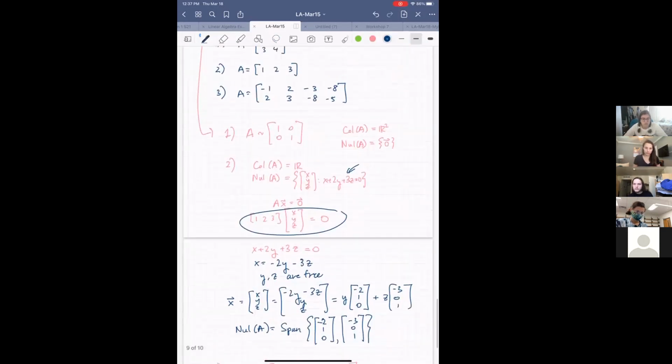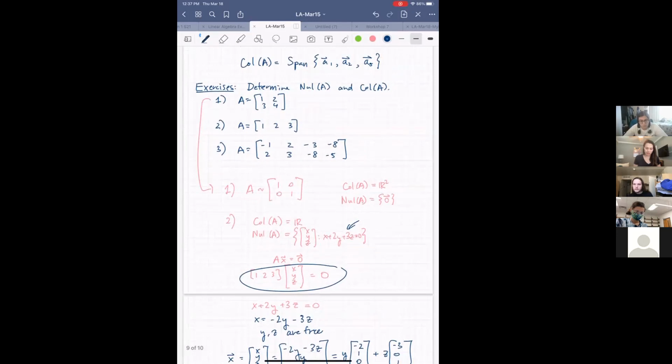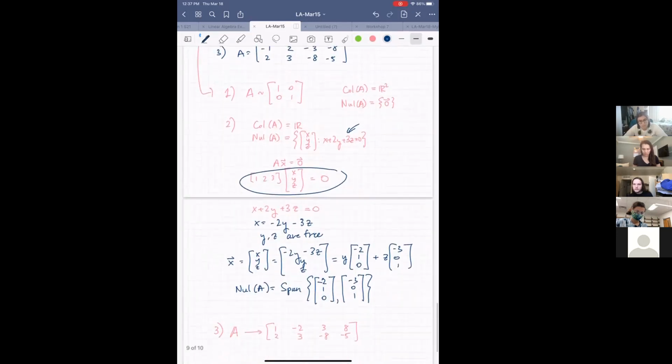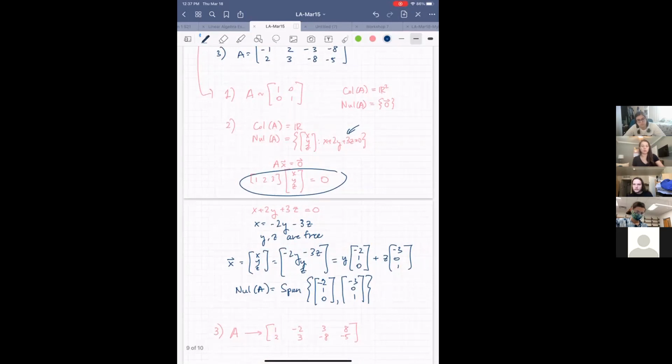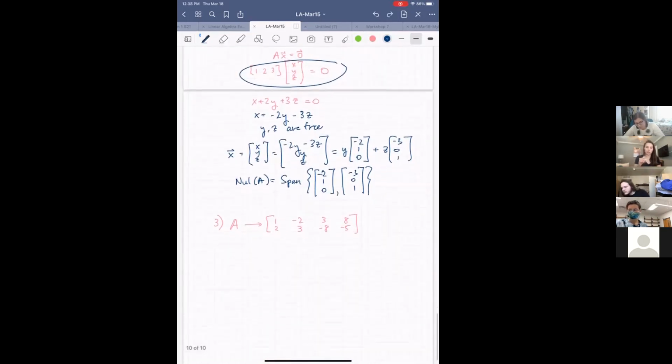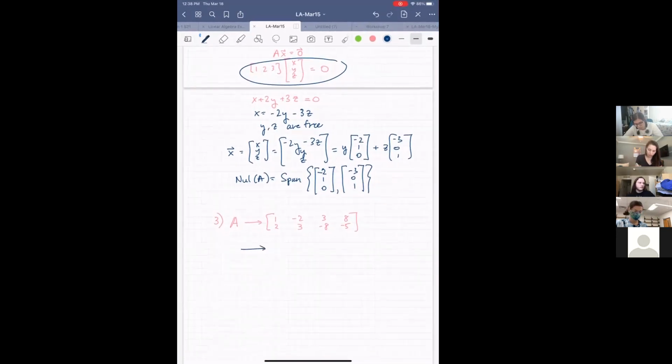So I started with this guy up here, and I didn't copy down the matrix, but the first step that I did was multiply the top row by -1 to get a 1 in that first position, right? So just continuing on with this row reducing, what we would want to do is take row 2 to row 2 minus 2 times row 1, and we should get a 0 there.